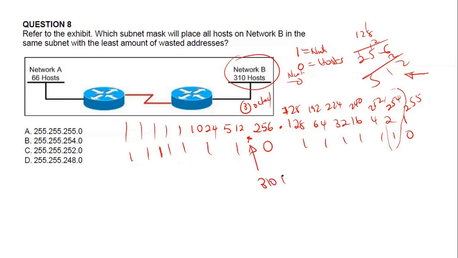Remember, we are looking at 310 hosts. They fall here, but we're on the third octet, and it is similar to this. The subnet masks don't change. It doesn't matter which octet you are in, the subnet mask will remain the same, but the range keeps increasing. So even here, I would have 128, 192, 224, 240, 248, 252, 254, and 255.